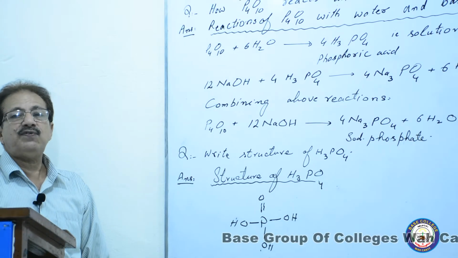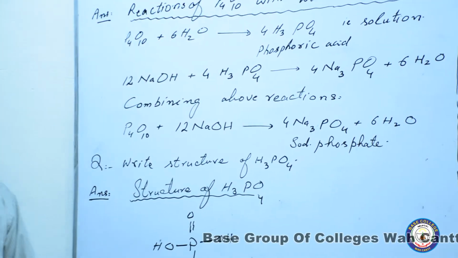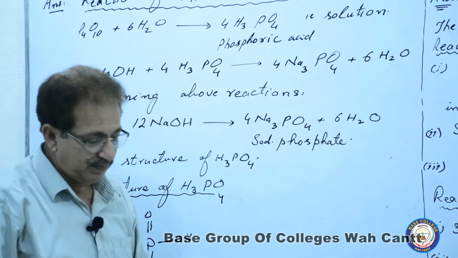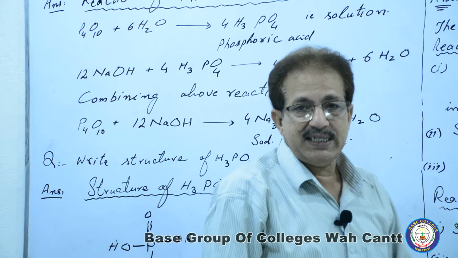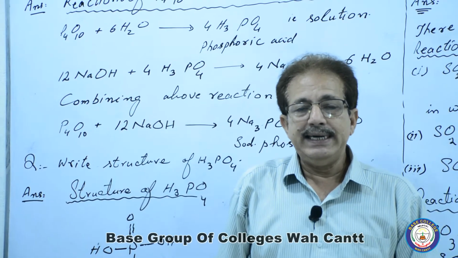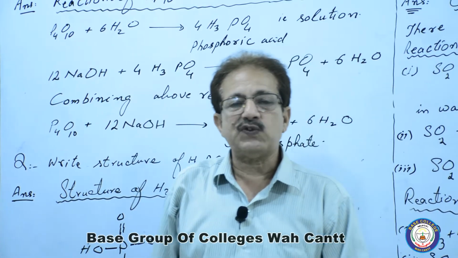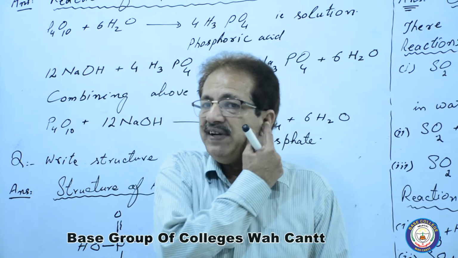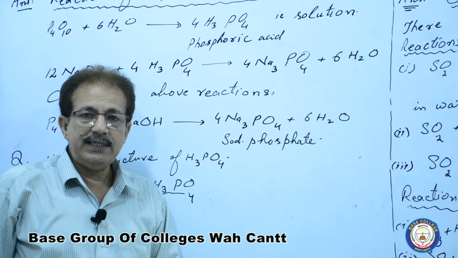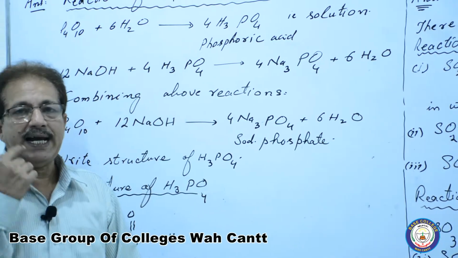Now listen carefully. Whenever phosphoric pentoxide undergoes a chemical reaction, first of all it dissolves in water and changes into phosphoric acid.